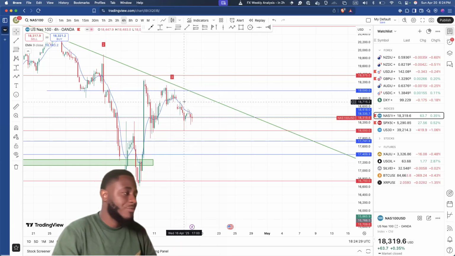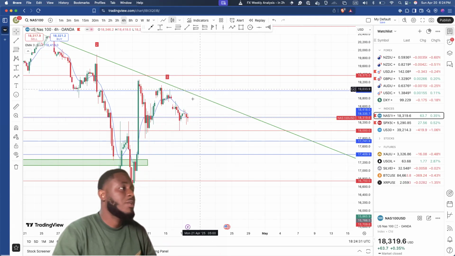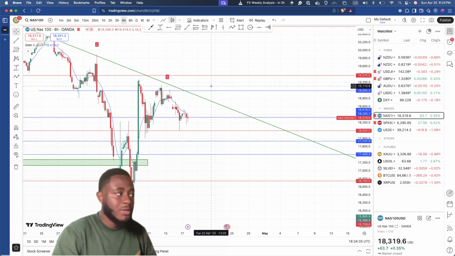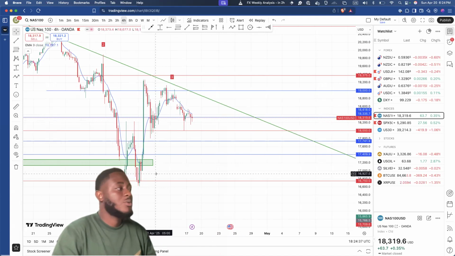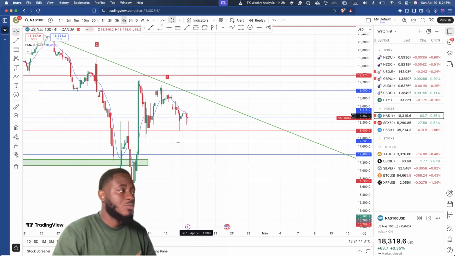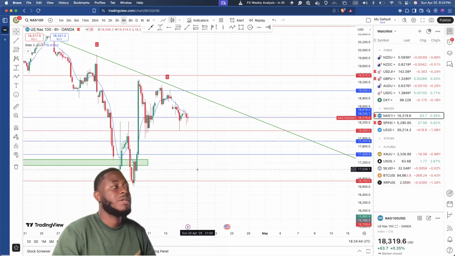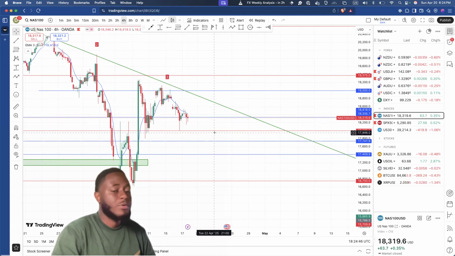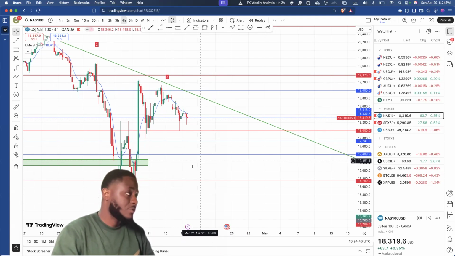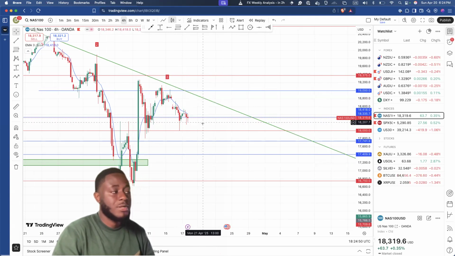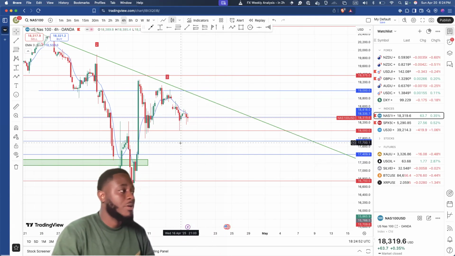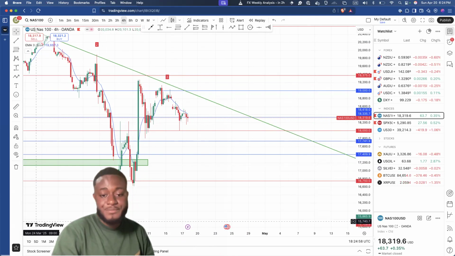So for this week, I'll just be looking out for either the market to break out of 19,000, then we know that our sell is no longer valid and we are now expecting buys, or I'll expect the market to break below this 18,000 price, and then I'll know that we are continuing our sell, right? Until then, I'll just be looking out for what the market is going to be doing, how it's going to play out, and when I get a breakout of any of these ranges, I'll know what to do, right?